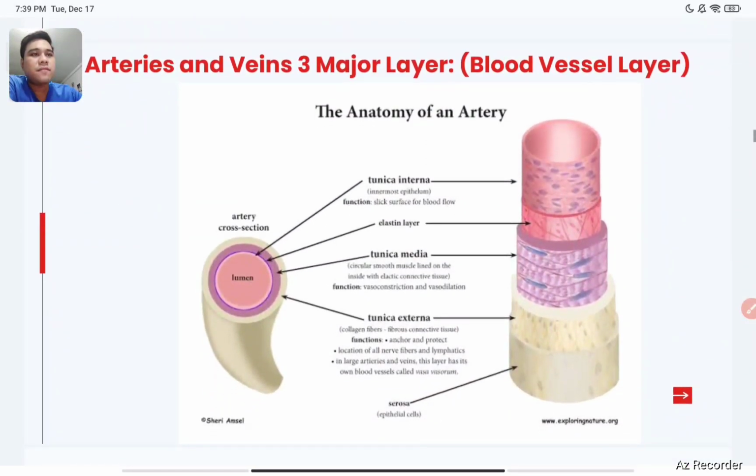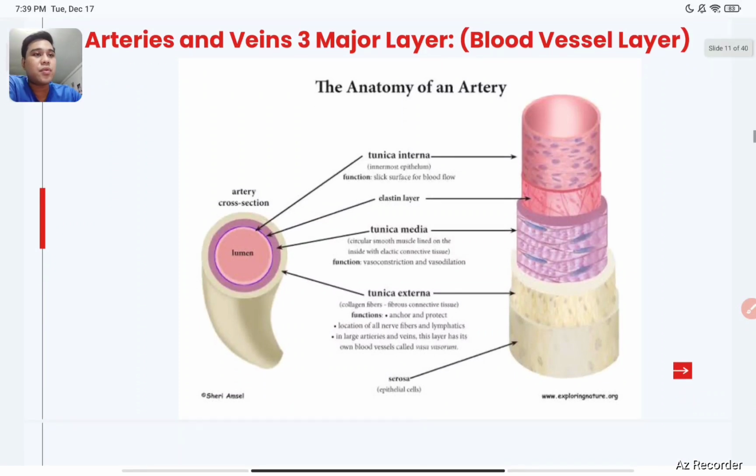So, the arteries and veins, we have three major layers. We have the tunica interna, the tunica media, and the tunica externa. As you can see here, this is a picture of your blood vessel, a cross-section of the artery, and the innermost part is your tunica interna, which functions to slick the surface flow.